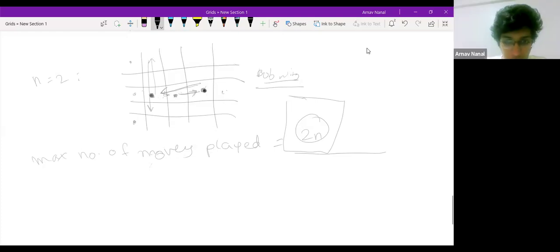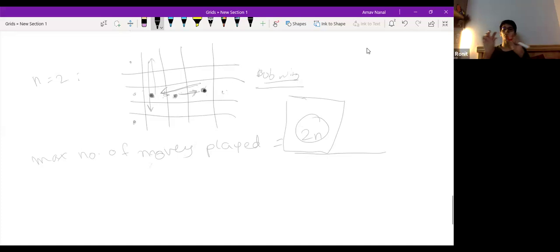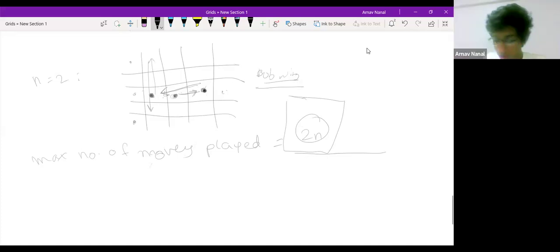So now from experimentation, we got the idea that Bob should go anti-parallel to what Alice did, if that makes sense. They should stay on one line, kind of one row. Bob should just retrace Alice's step and go one move to the left, one move ahead.